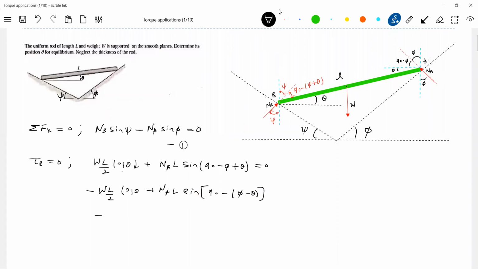So this will be equal to 0. So W L by 2 cos theta plus NA L sine of 90 minus theta should be cos theta. So this should become NA L cos phi minus theta equal to 0. Okay, there's one equation we got.